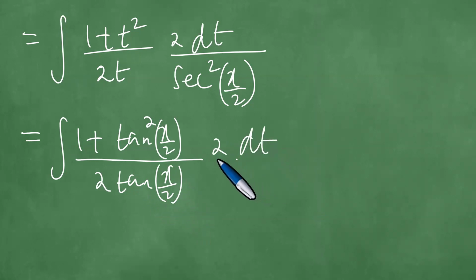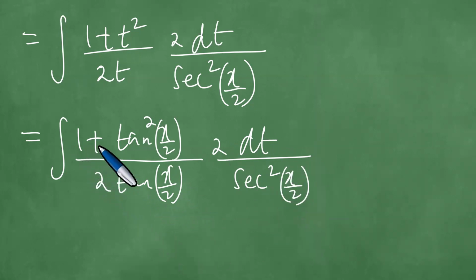2 dt divided by the secant squared of x over 2. What is 1 plus the tangent squared? It is the secant squared.